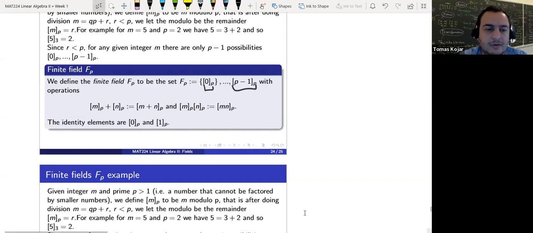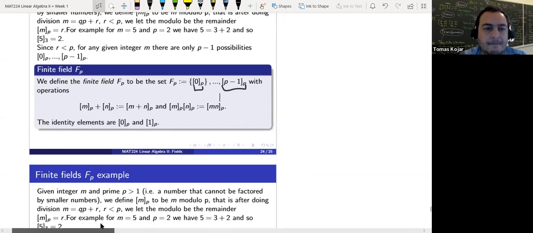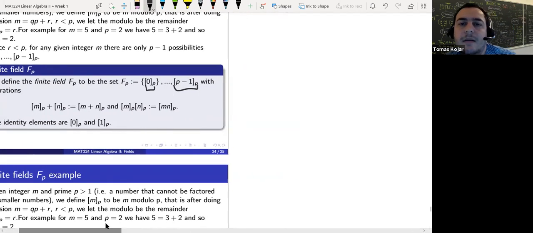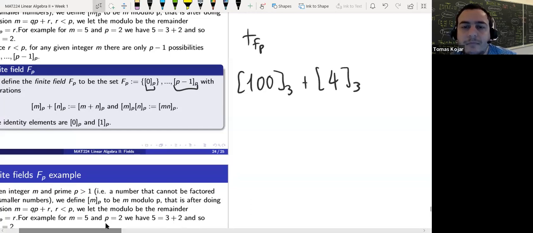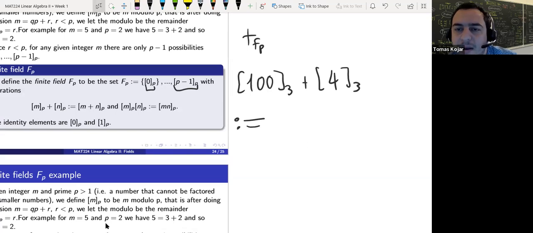Here we define plus in this finite field F_p as follows: you give me 100 and you give me 4, and we define their addition to be the addition of the integers inside it, so 100 plus 4.